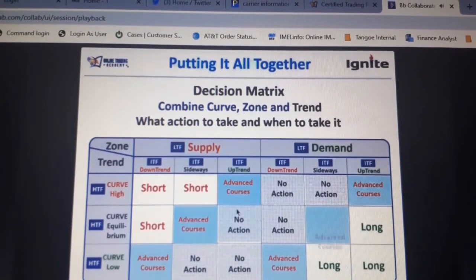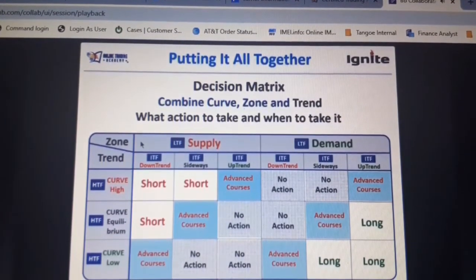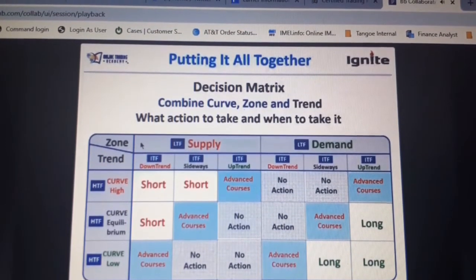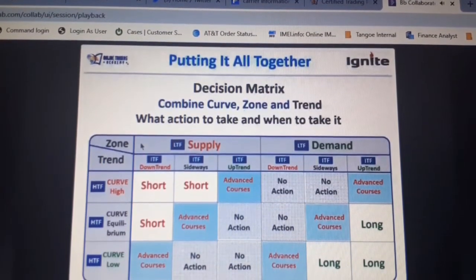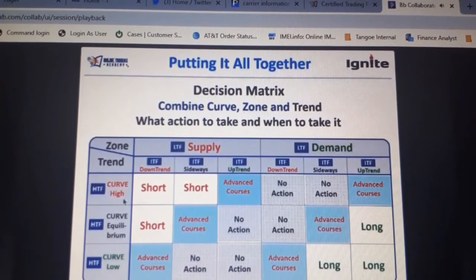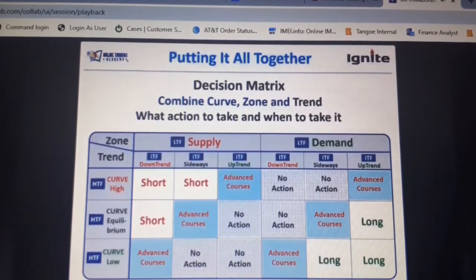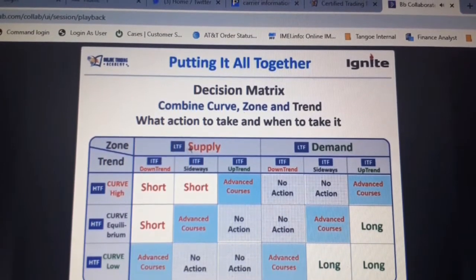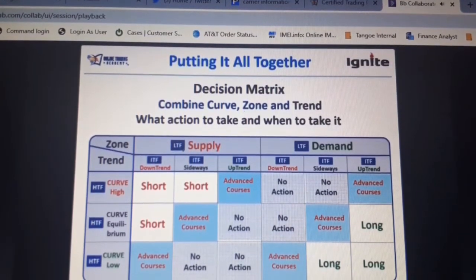Okay, so now I'll read to you the decision matrix. Just see if it makes sense to you. You mark the curve, you saw the trend, and you marked a supply zone on the lower time frame.